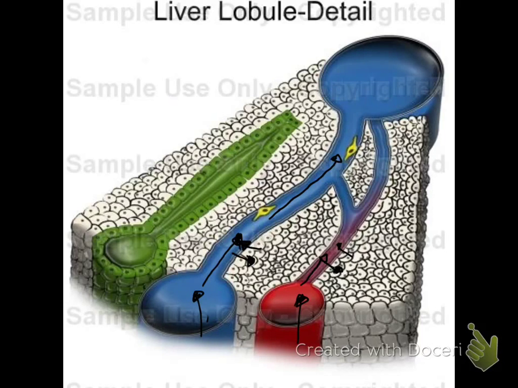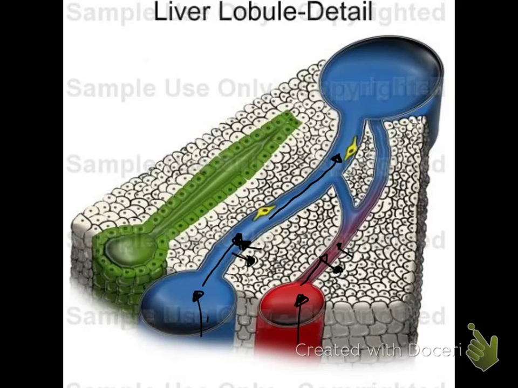Okay? This deoxygenated blood should eventually go to be venous blood, so that it will go back to the right atrium and be oxygenated again.